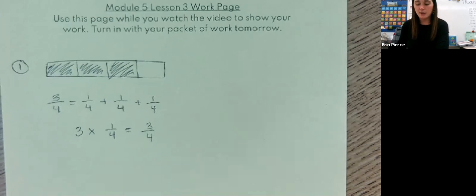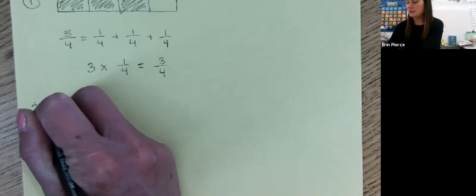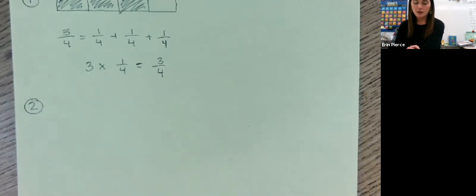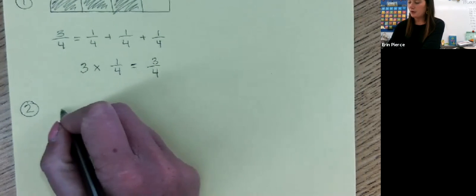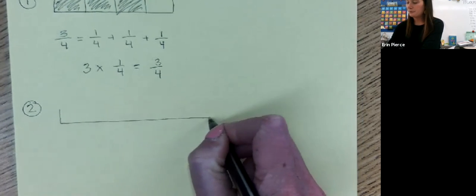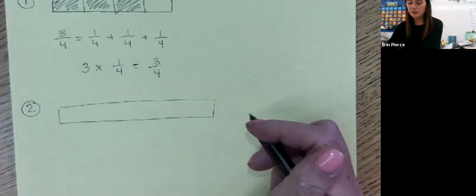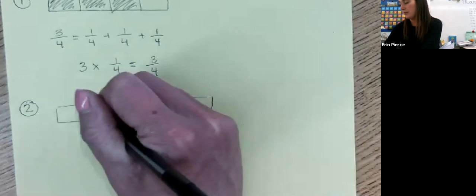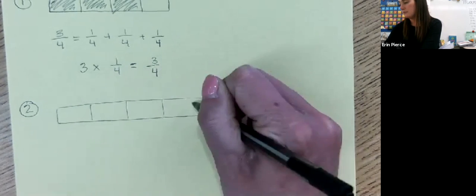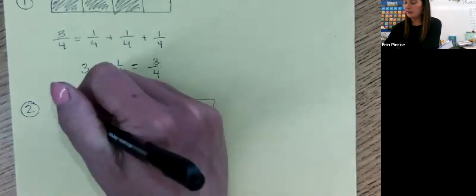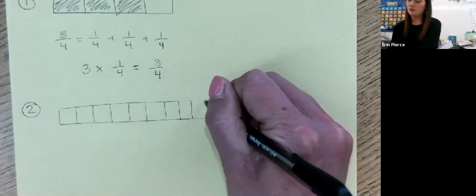Our second one, let's go ahead and draw our second one. So I'm going to write number 2. I'm going to draw a tape diagram. I'm going to split it into 10 equal parts. And then I'm going to split each one so that I can show those 10 equal parts.